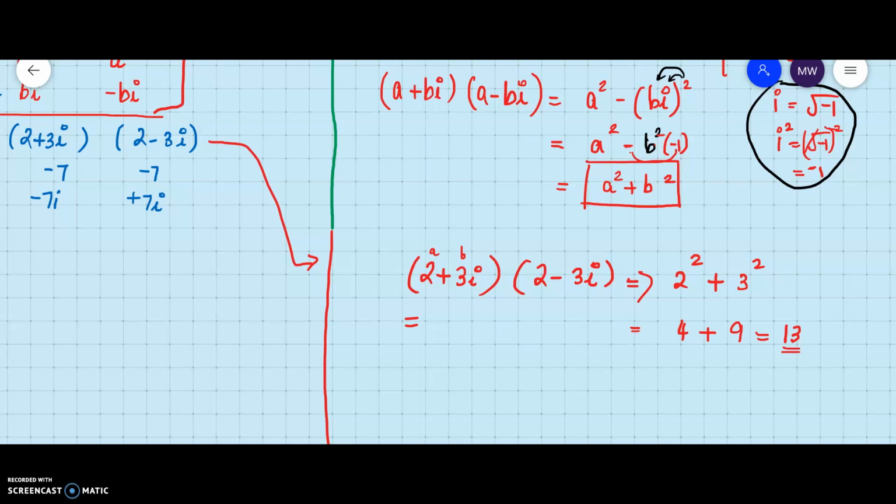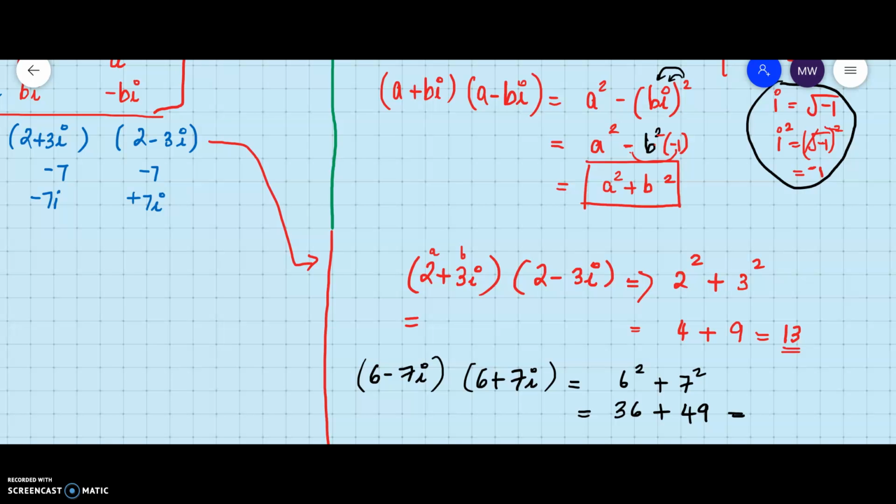One more example. Let's do 6 minus 7i. If we have 6 minus 7i, we should know that the conjugate is 6 plus 7i. The product of conjugates is like a plus b times a minus b, and since it's a complex conjugate, this will come out to be 6 squared plus 7 squared. 6 squared is 36, 7 squared is 49.